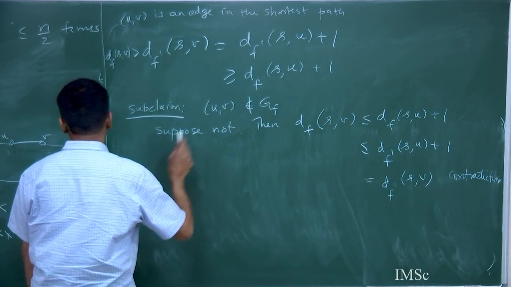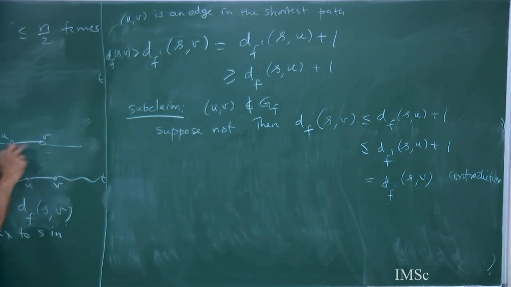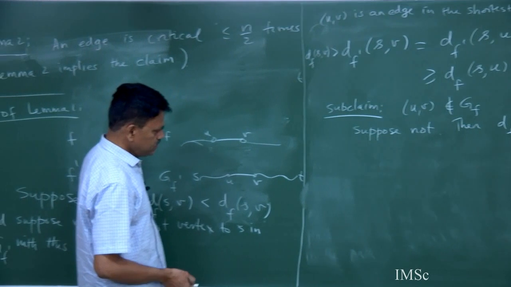So what I'm saying is this edge UV is not in GF, but it has made it into GF prime. How did that happen?